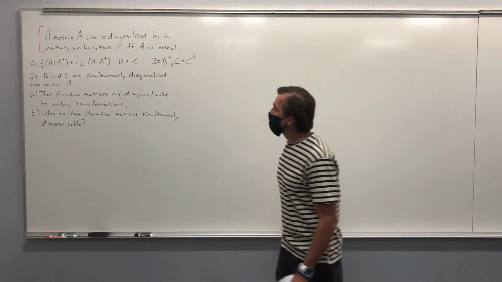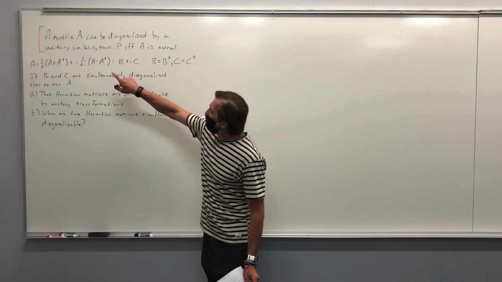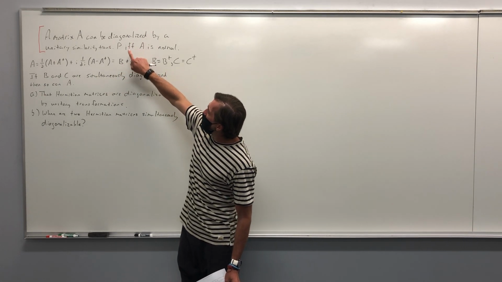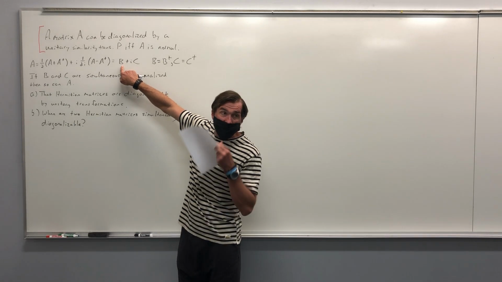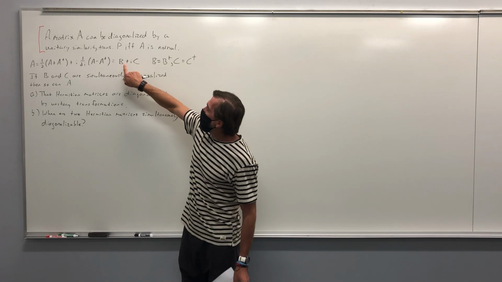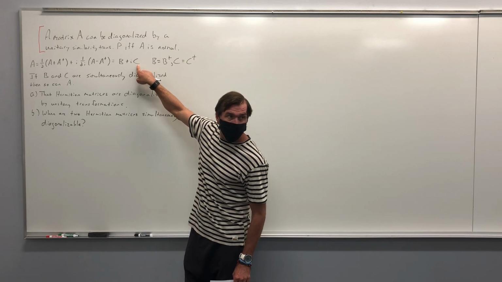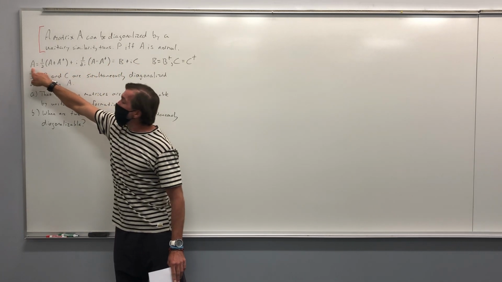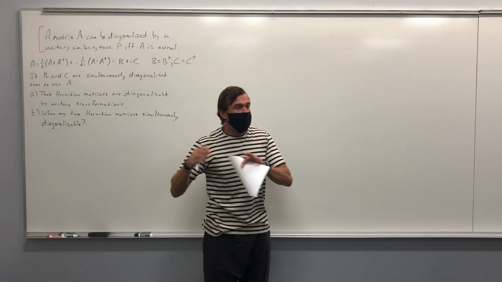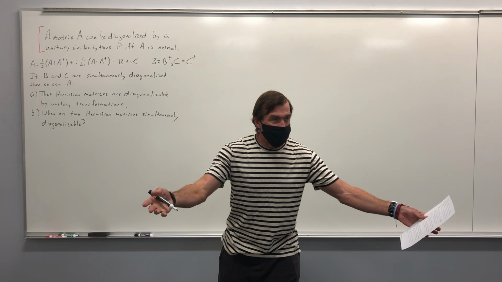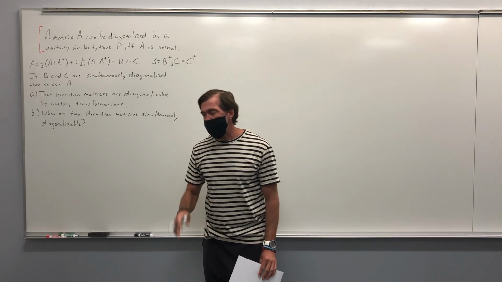That's fine. But what we realize very quickly is if we find a unitary transformation which diagonalizes B and simultaneously diagonalizes C, then A can be diagonalized, obviously, because a diagonal matrix plus a diagonal matrix is a diagonal matrix. Thank you for that rapid answer.